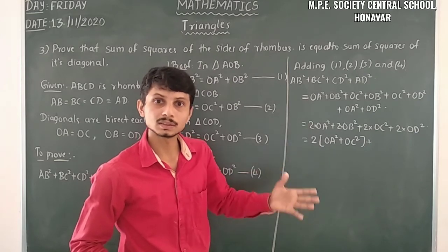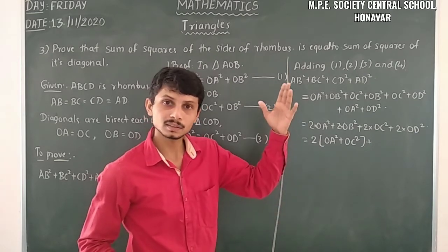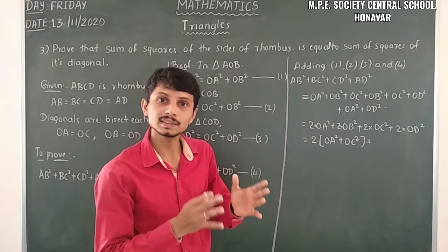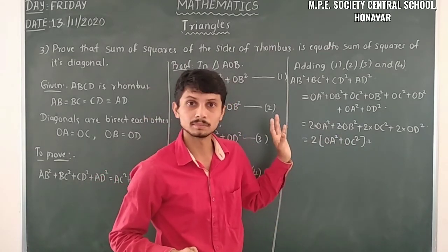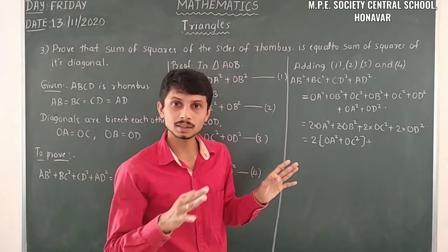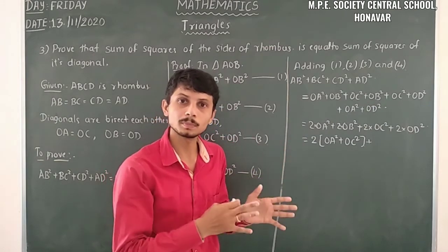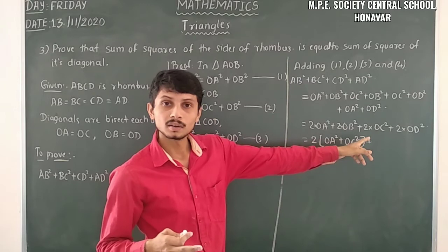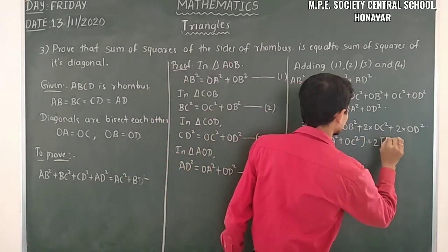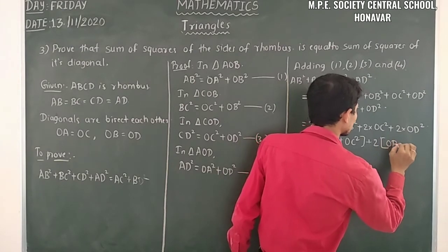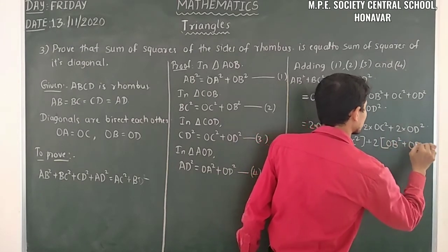BD splits AC into two equal parts, that is OA and OC. Here OA and OC both are same. And AC diagonal splits BD into two equal parts, OB and OD. So that's why we can take OB is equal to OD. So I will write like this: 2 into OB square plus OD square.